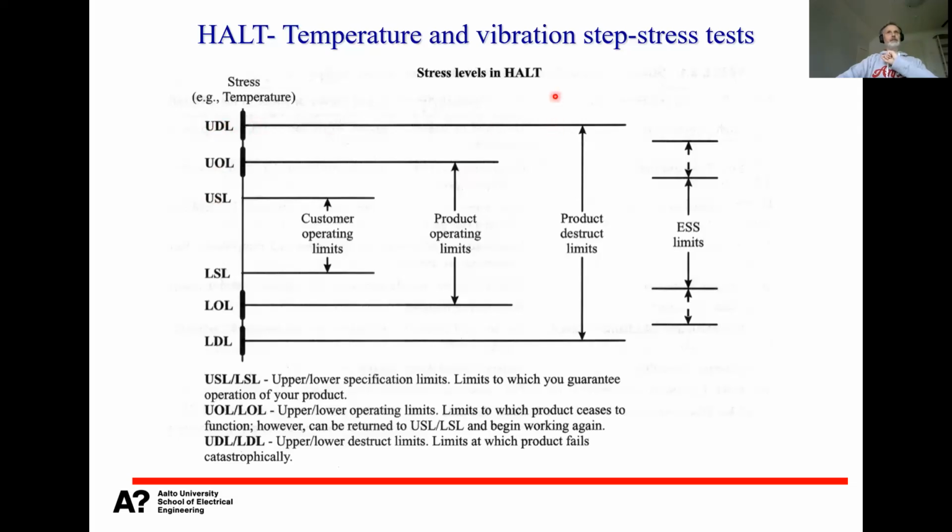If we exceed this value, then the smoke comes out and this product is permanently destroyed. So even if we decrease the temperature, it doesn't become alive again. So that's the destruction limit. So both for high temperature direction as well as low temperature direction.